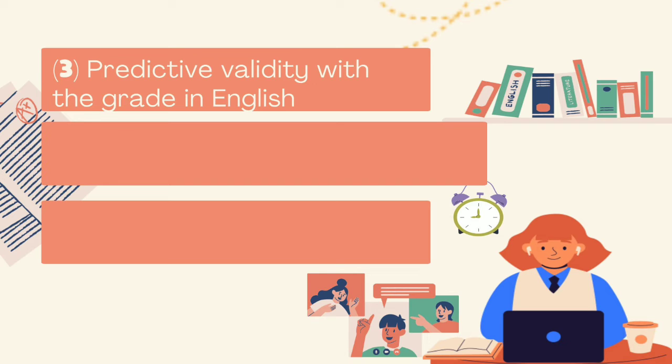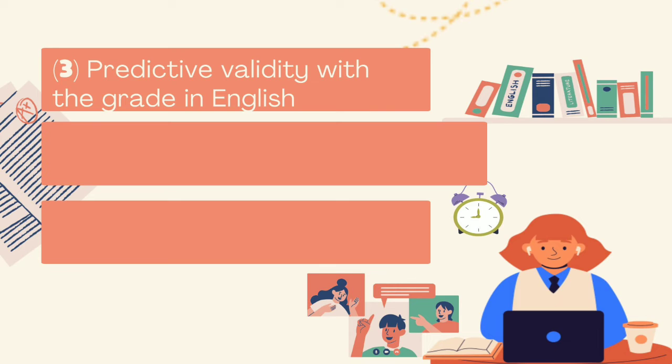So, if there is no clear relationship between placement test scores and final grades, or some high-scoring students get low grades and vice versa, then the test has low predictive validity. This suggests that the test is not a reliable indicator of future success in the course.